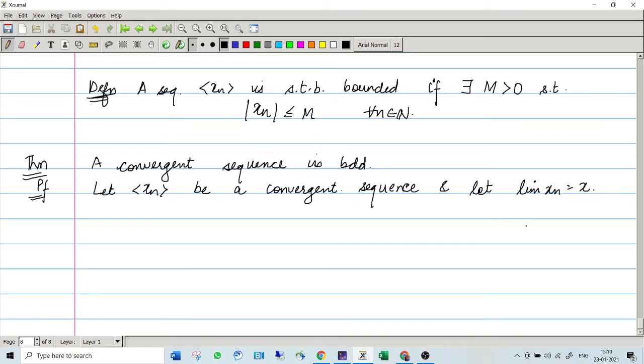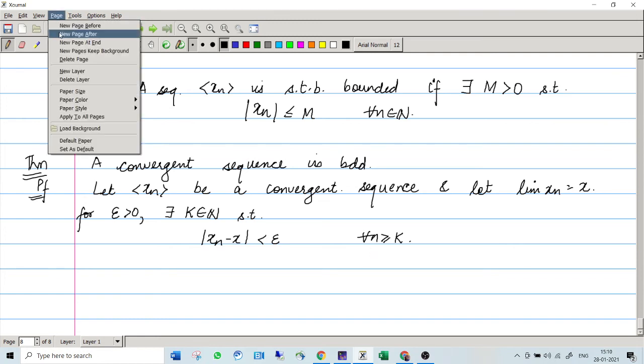Again, apply the definition: for epsilon greater than 0, there would be some k such that the distance between xn and x is very minute, meaning less than epsilon, for every n greater than or equal to this k. This is the definition.